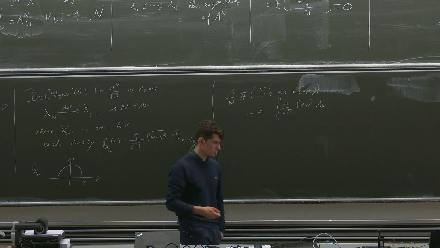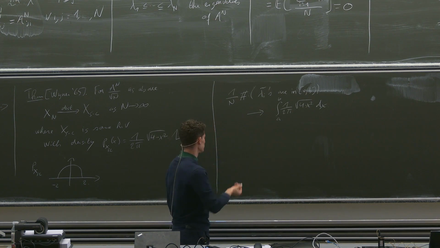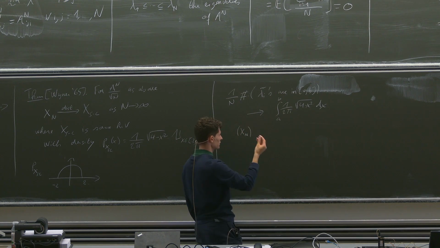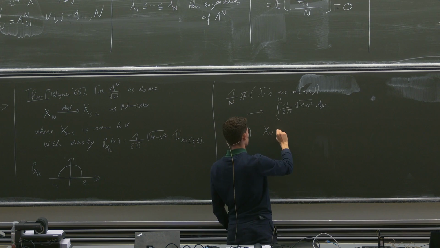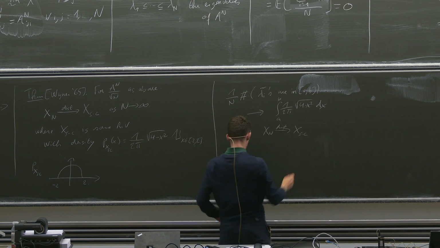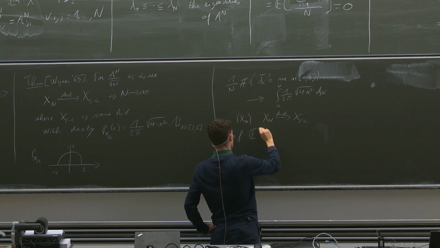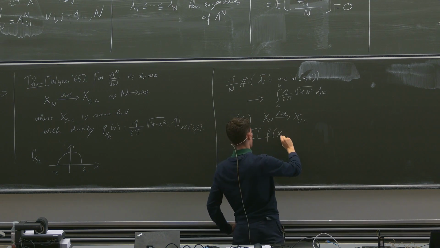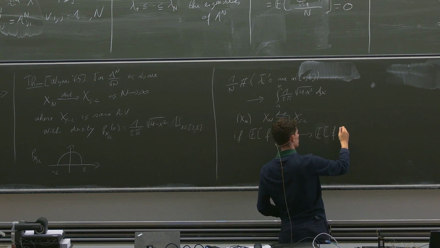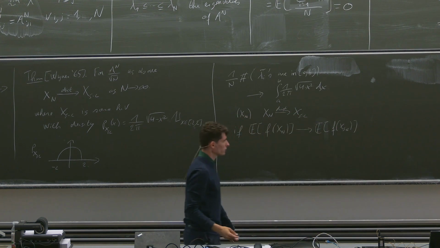And so this is indeed a characterization of convergence in distribution, but there are some other characterizations, and the one I'm going to use for now is slightly different. So I'm going to look at a test function. I'm going to say that X_n, a sequence of random variables, converges to X, in this case X_SC, in distribution, if the expectation of f(X_n) goes to the expectation of f(X_SC) for all nice functions f.